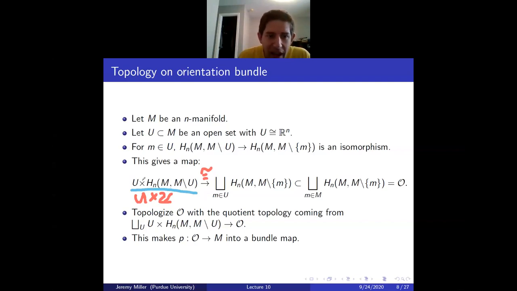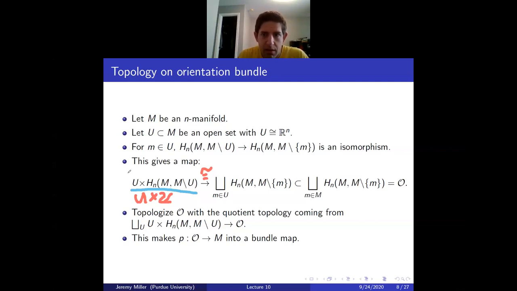Oh yeah. So my question is, what's the topology on this space or set that's not the discrete topology? That's reasonably natural. Product?